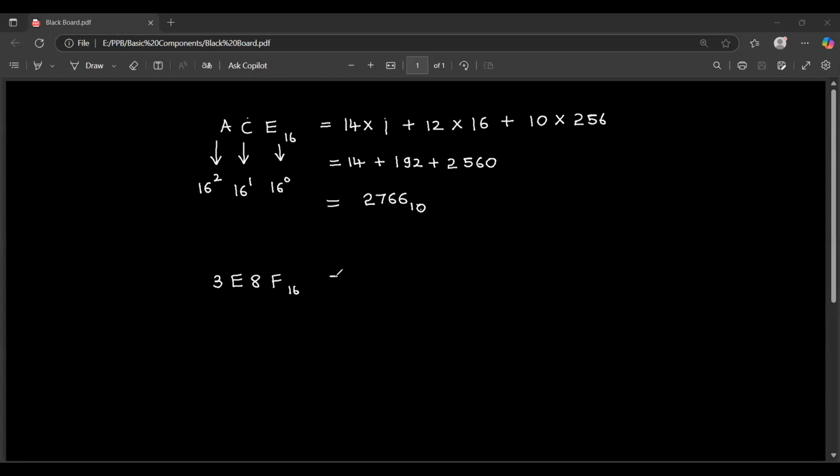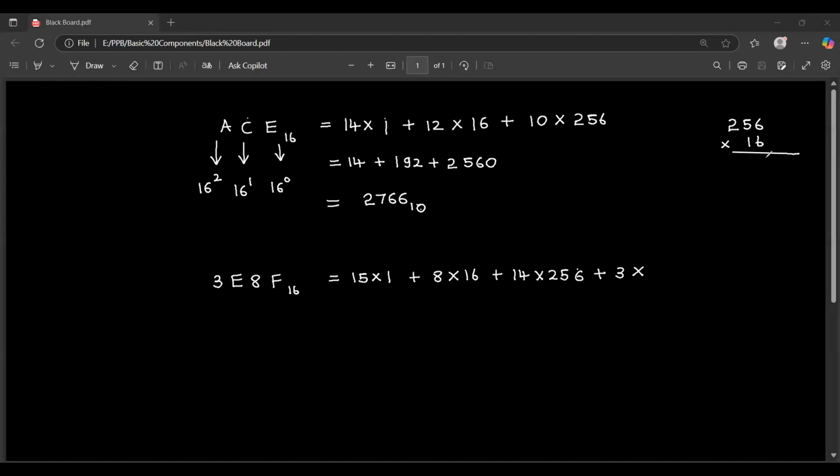So we know F is equal to 15, so you have to multiply by 1 because that's the place value of F. Then you have to multiply 8 into 16. Then you have to multiply 14 into 256, and then we have to add 3 times 16 to the power 3. So 16 to the power 3 is equal to 256 into 16.